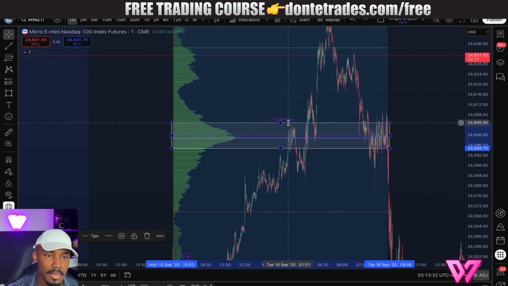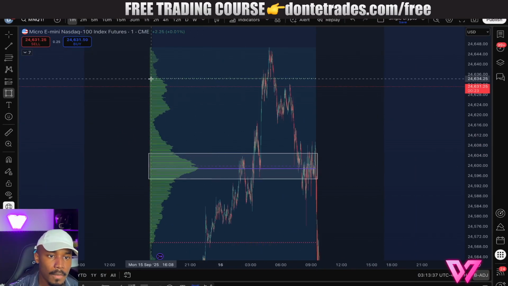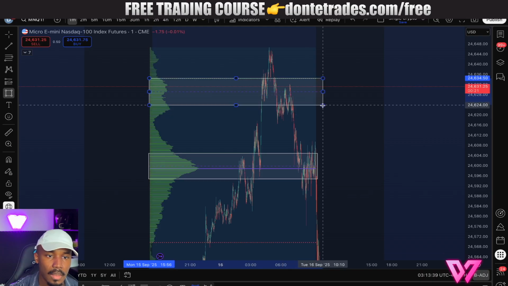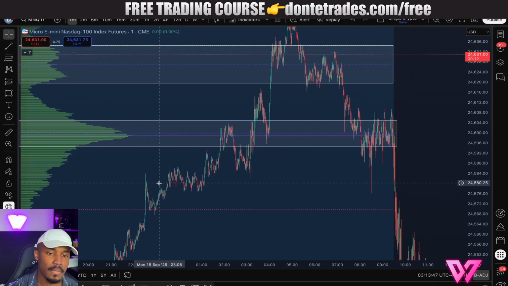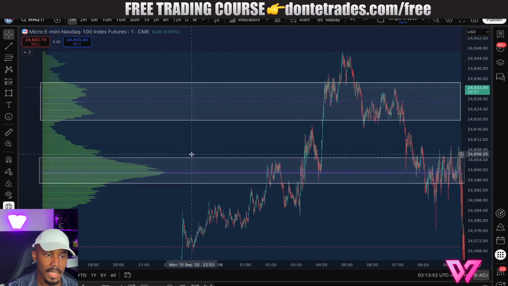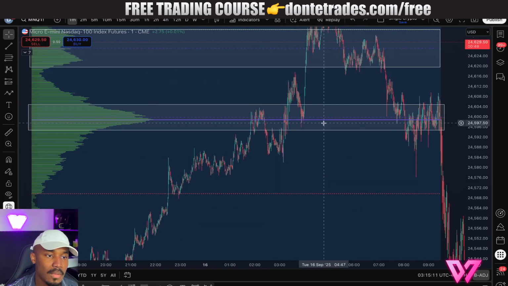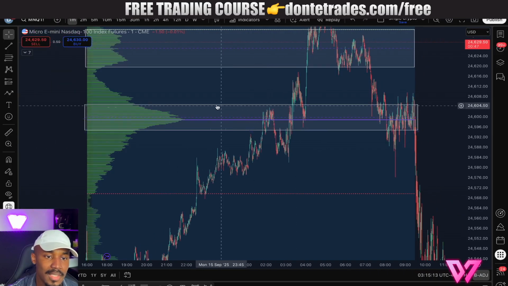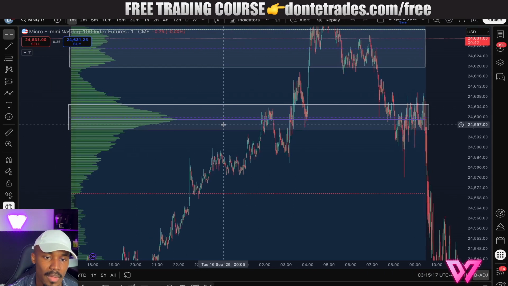So you just want to draw these boxes here, and then we can draw another box here, right? Technically there's a little one here, but let's just draw these two for now. So now you can see that I've drawn these two high areas of liquidity. So again, what I'm looking for here is, as you can see, this big bar right here, this is a high volume area that we've identified.